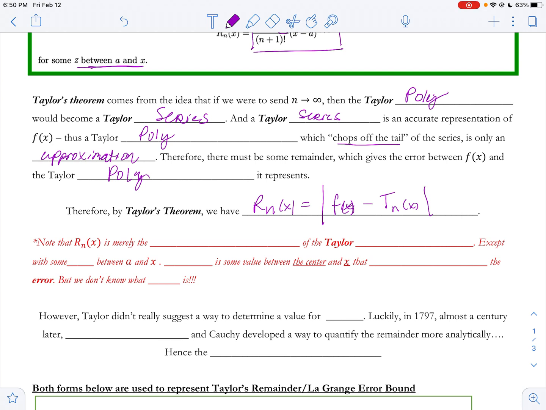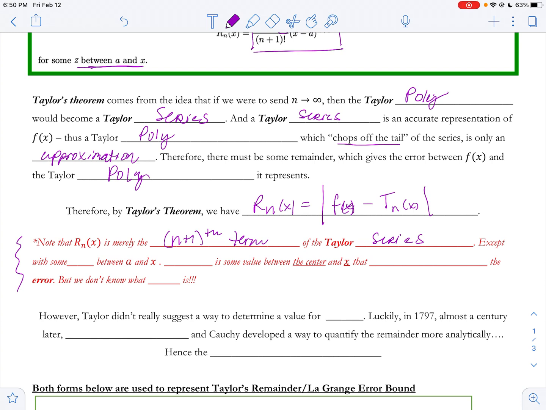Now, this part's super important. So note that R of x is merely the n plus 1th term of the Taylor series. But there's a difference, right?